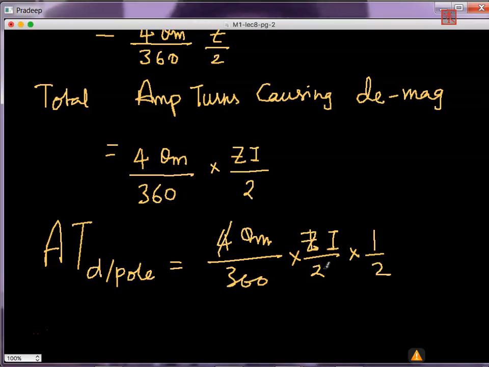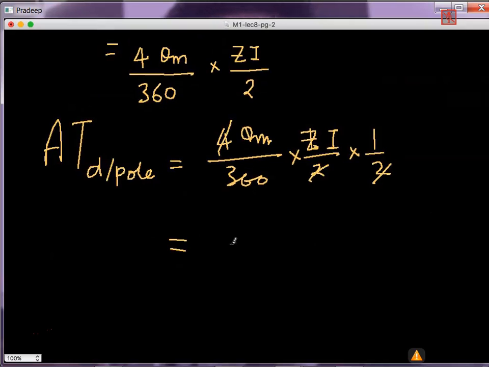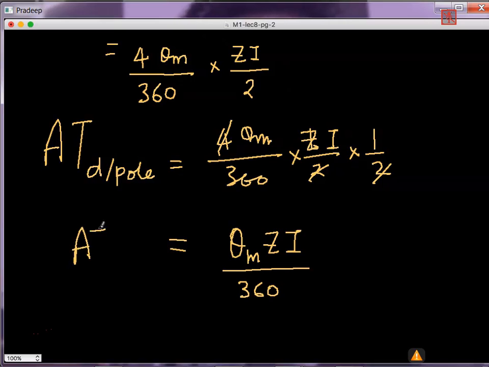If I simplify, I get theta m Zi by 360. This is ampere turns causing demagnetization per pole.